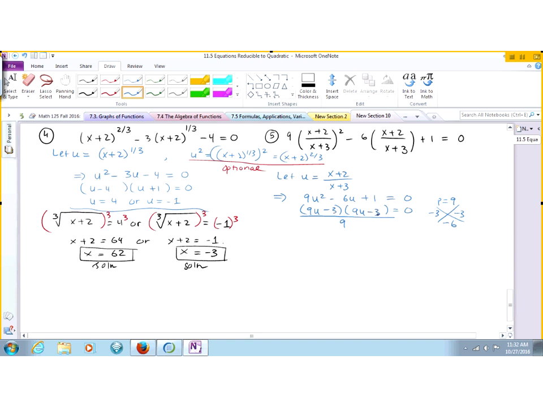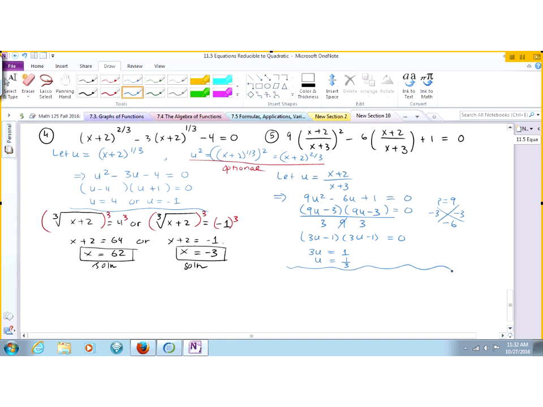Oh, it's actually a square. What do you do with your 9? 3 times 3? Okay. So 3u minus 1, 3u minus 1 is 0. So 3u is equal to 1. And the other one's the same thing, so we don't have to write it again. So u is 1/3.